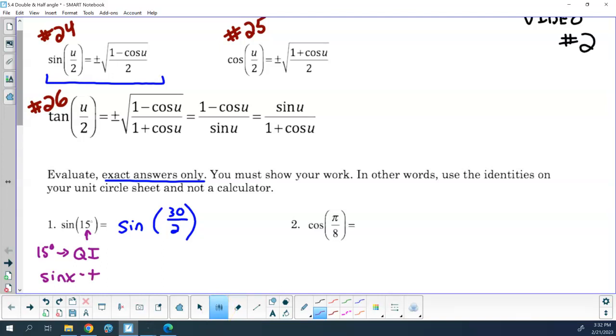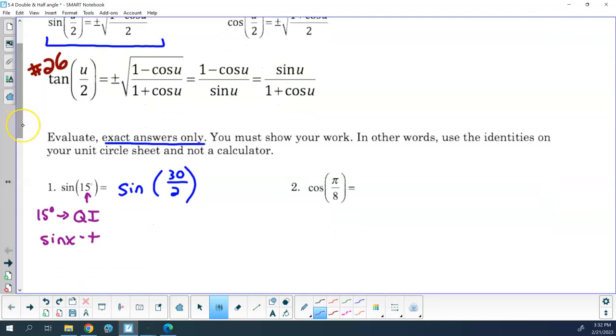So I'm going to go with the plus. If I happen to be at, let's say, the sine of 210 degrees, and I used 420, then that sign would be negative because now I would be in quadrant number 3. So based off of that fact, I'm going to be using the positive.